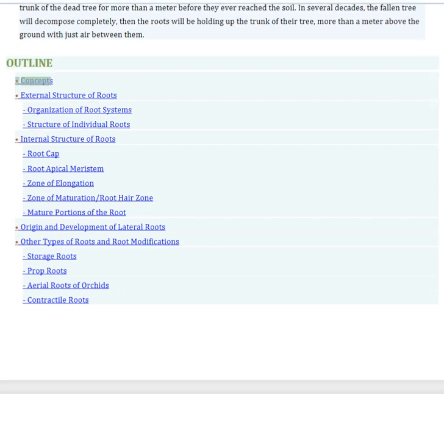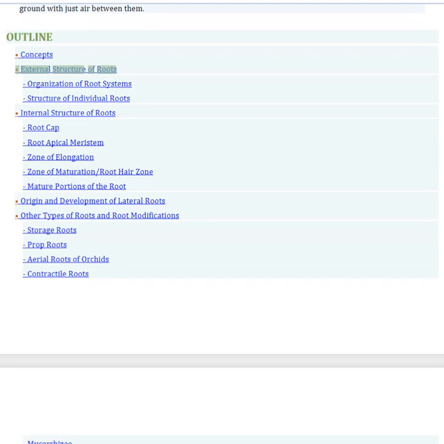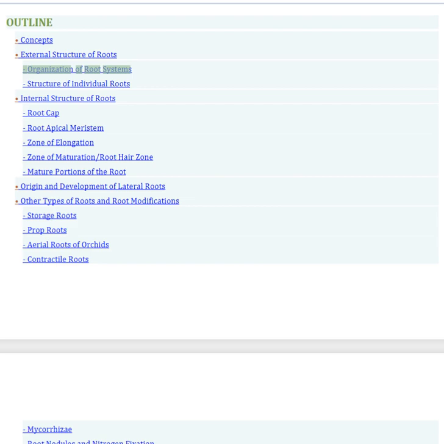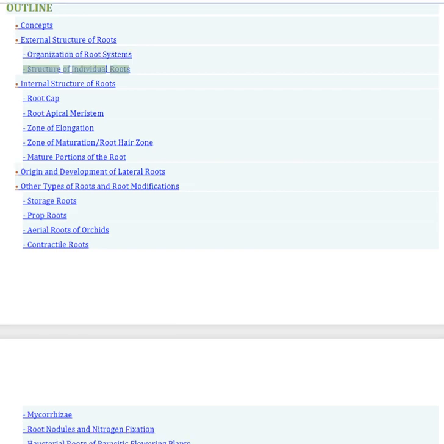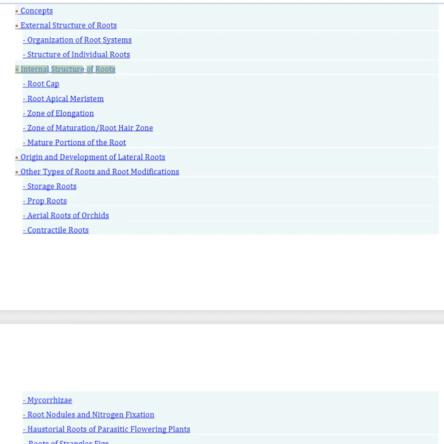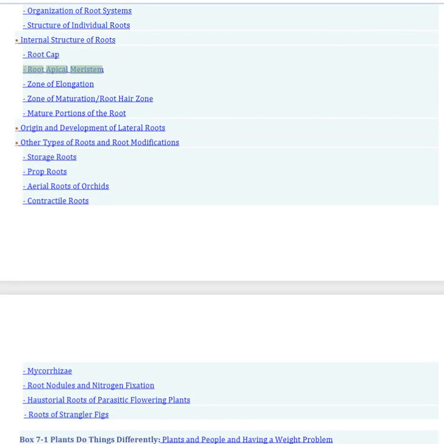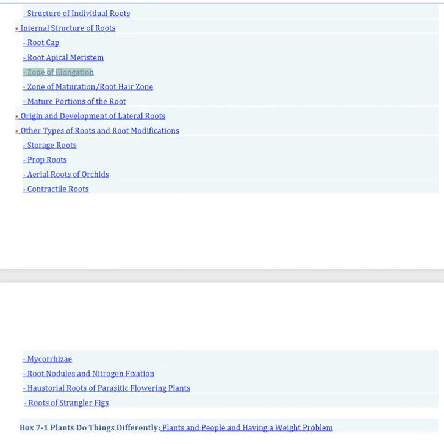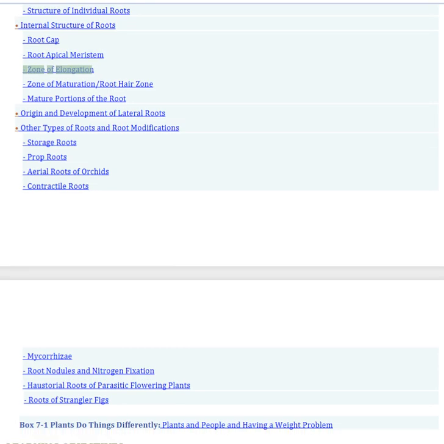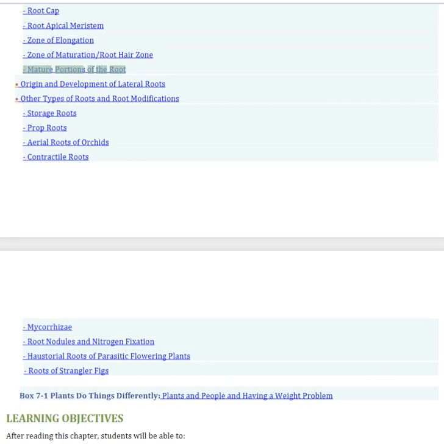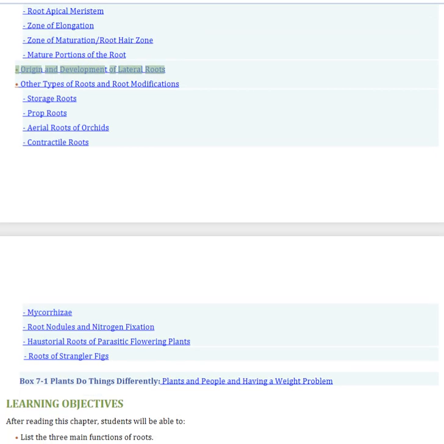Outline. Concepts. External structure of roots. Organization of root systems. Structure of individual roots. Internal structure of roots. Root cap. Root apical meristem. Zone of elongation. Zone of maturation, root hair zone. Mature portions of the root. Origin and development of lateral roots.